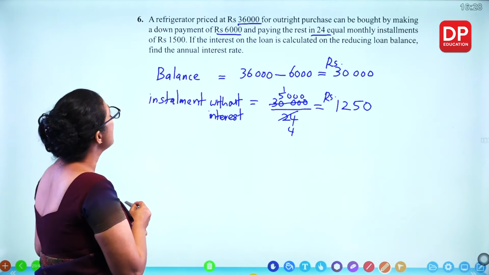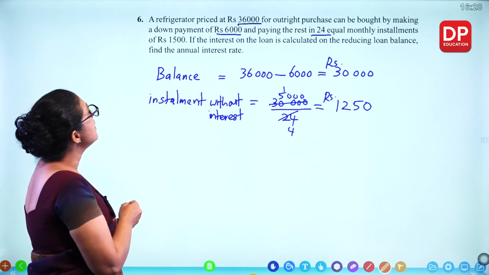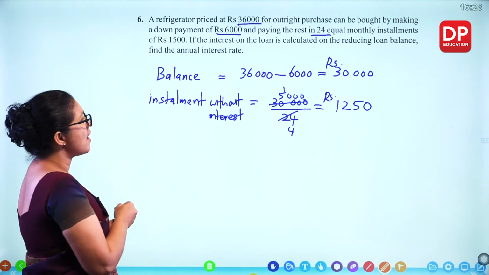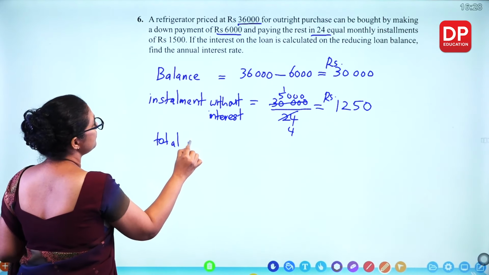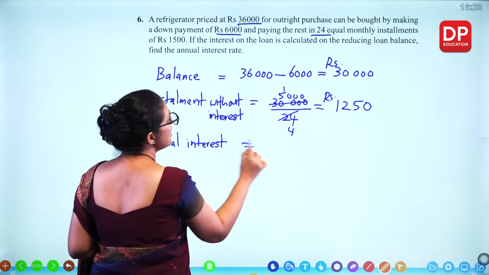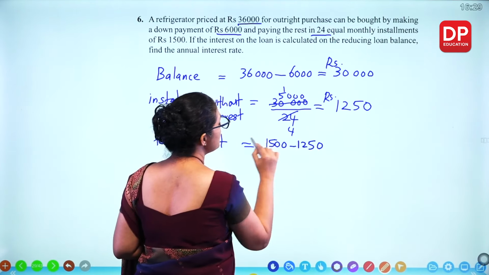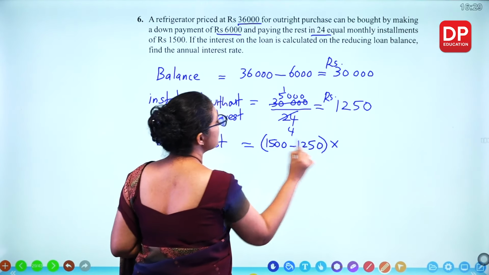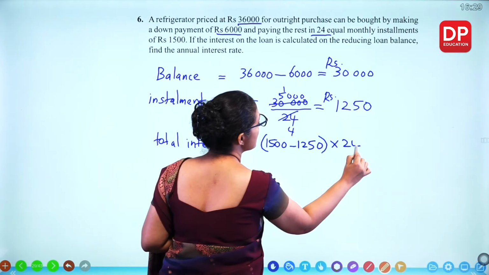1,250 rupees. But what's the monthly installment? So 1,500. So what's the total interest? So total interest is 1,500 minus 1,250 times how many months? 24 months.